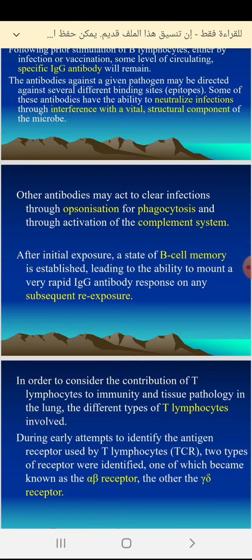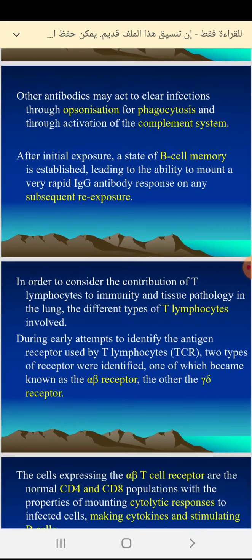Other antibodies may act to clear infections through opsonization for phagocytosis and through activation of the complement system. After initial exposure, a state of B cell memory is established, leading to the ability to mount a very rapid IgG antibody response on any subsequent re-exposure.